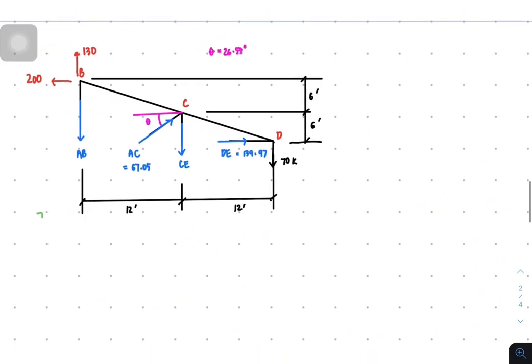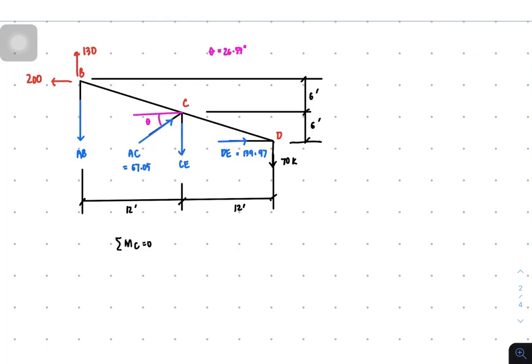Okay, let's do the summation of moment about point C equal to 0. It's about point C because we have two forces to be eliminated at point C, and then we have also an inclined force, so it's better to cancel that out.